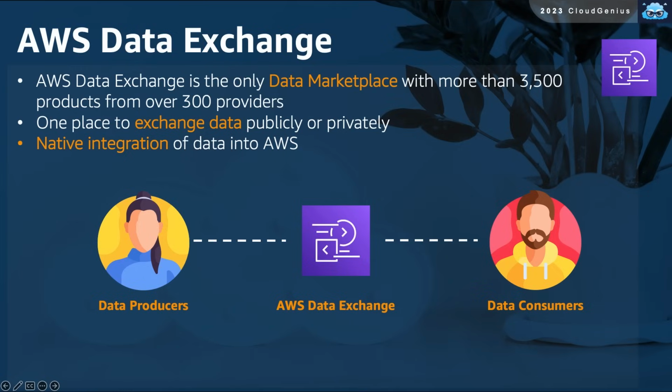This eliminates the need for time-consuming negotiations and paperwork typically associated with data procurement. For example, a marketing company can subscribe to a dataset containing consumer demographics, allowing them to target their advertising campaigns more effectively. AWS Data Exchange provides a streamlined marketplace for such data transactions.